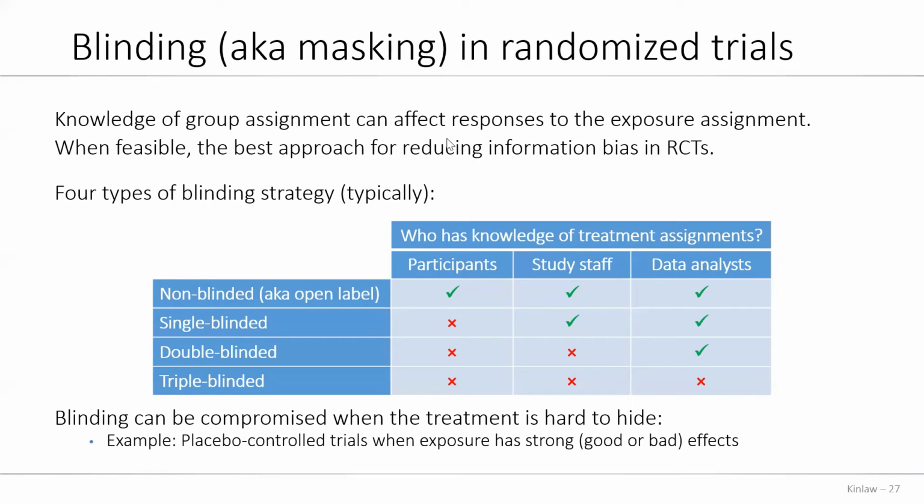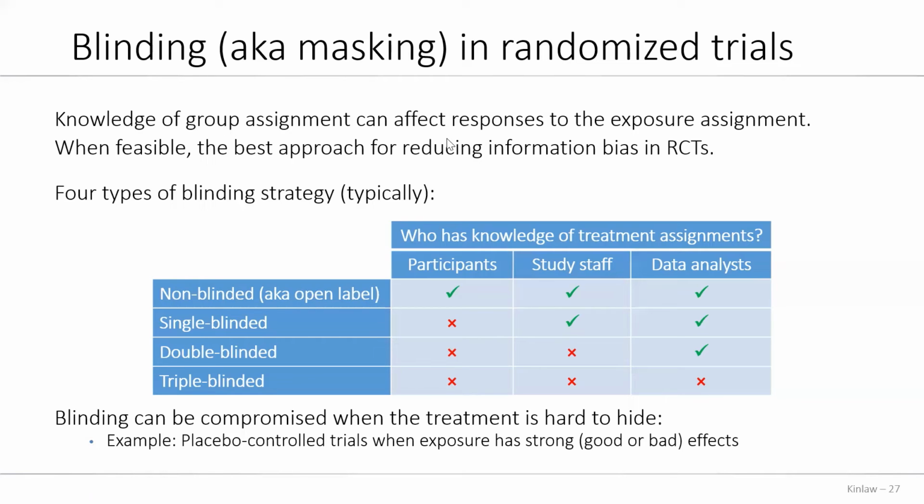Beyond that, studies might be single, double, or triple blinded, with these 3 classes of people being the groups potentially being blind. A brief note about this table is that it's possible for a single blinded study, for instance, to blind only the data analyst to the exposure allocation.